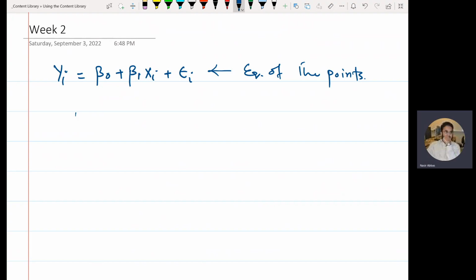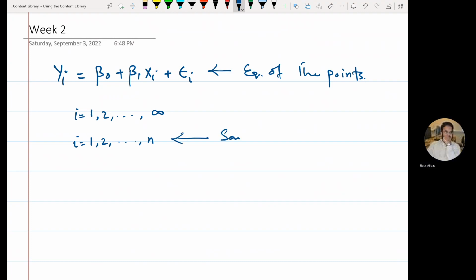If you say here that i equals 1, 2, all the way up to infinity, you are referring to the population, of course. And if you say i equals 1, 2, all the way up to small n, you're referring to the sample, right? Infinity means something very large, whether the population size is known or unknown or too big.